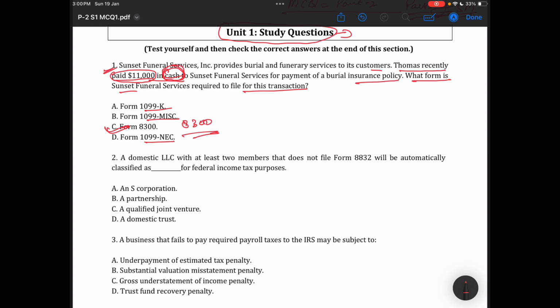There is one concept in the book in unit first: if you receive a single transaction in cash of more than 10,000, then you have to file Form 8300. The form name is Report of Cash Payments Over $10,000 Received in a Trade or Business. So the correct answer is 8300.